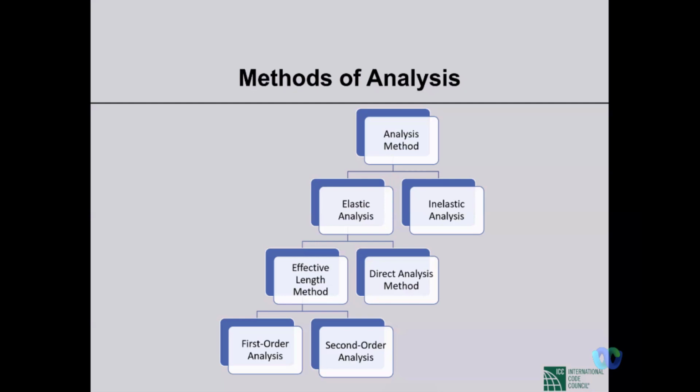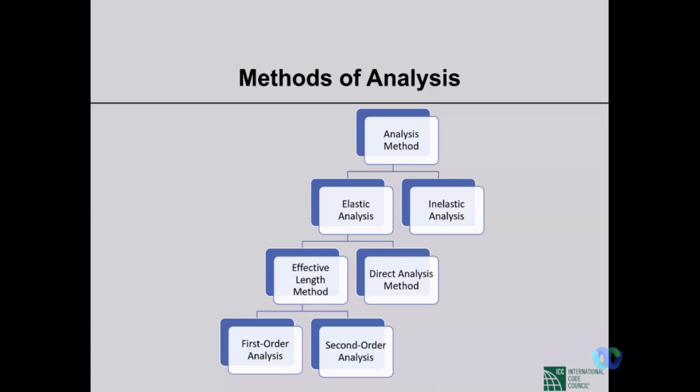Now, in direct analysis method, although still this is an elastic analysis method, but this is much more sophisticated compared to effective length method. We can consider all those 4 aspects of stability in the direct analysis method.